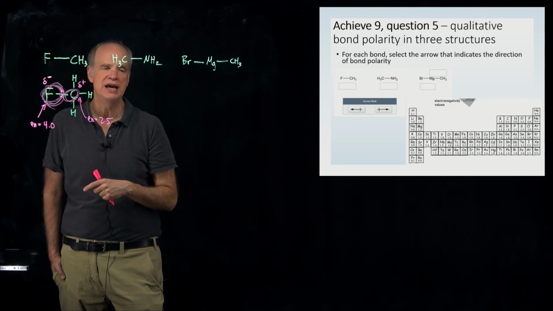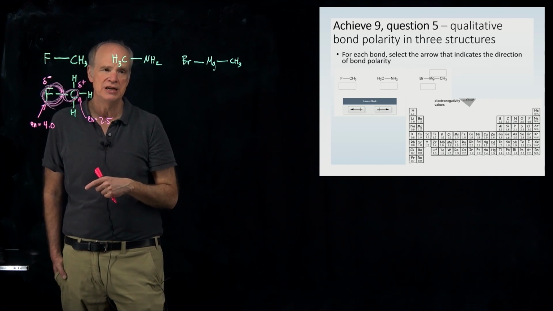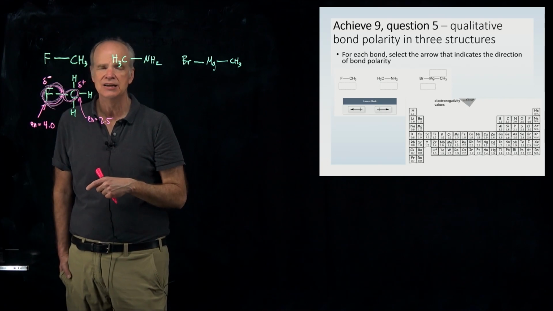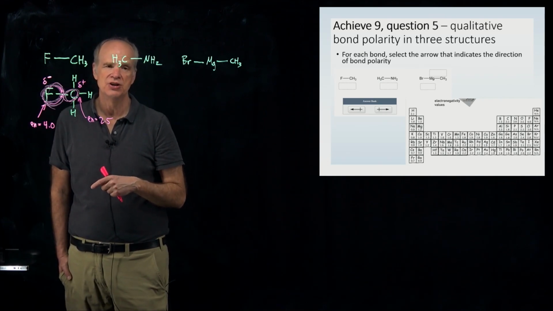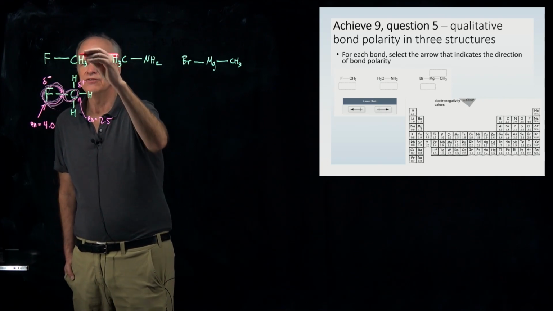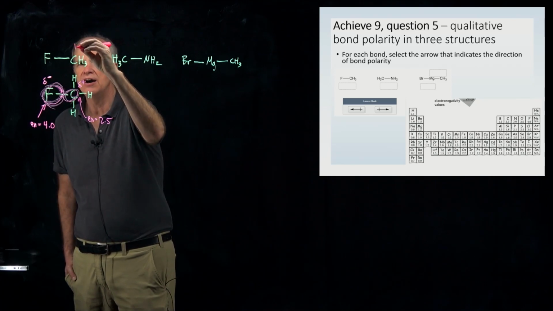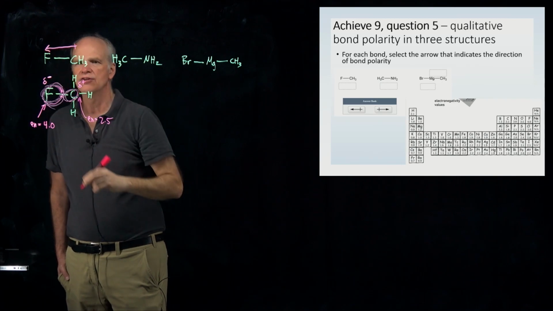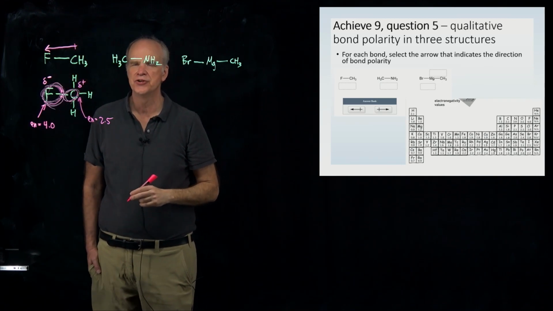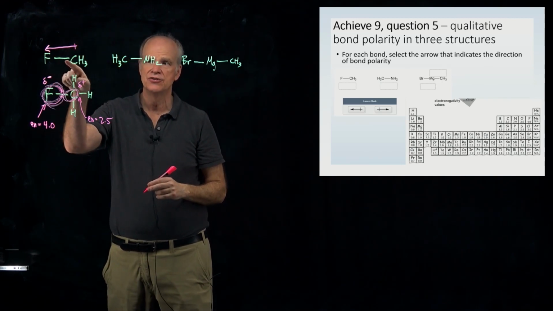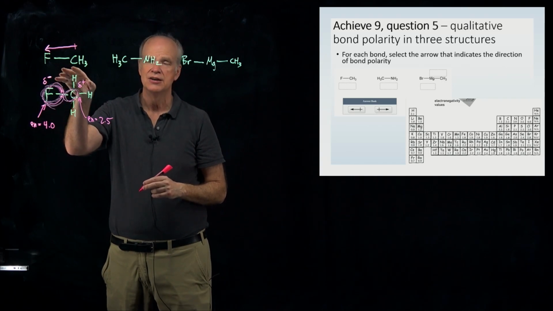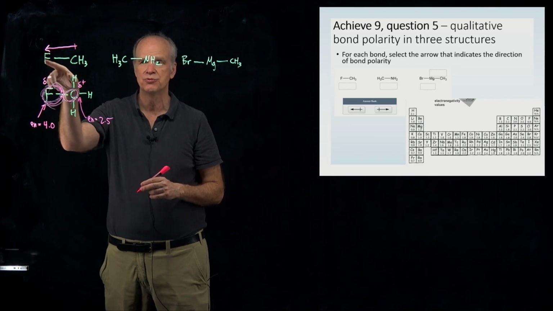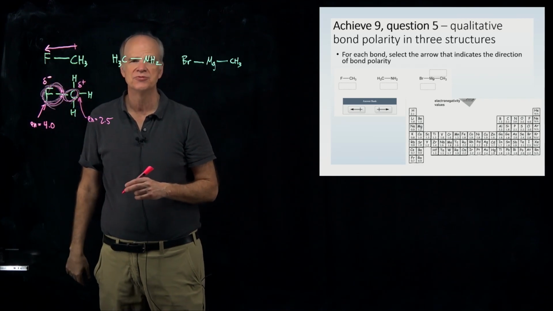And so the base of the arrow will be over the atom which has the lower electronegativity. The tip of the arrow is going to be over the atom with the higher electronegativity. So here we have to draw the arrow like this. So you're going to have to draw in an arrow like that for your answer. And so this indicates here that this bond is polar, meaning it has sides to it. One side is negative, that's where the arrow tip is, and one side is positive.